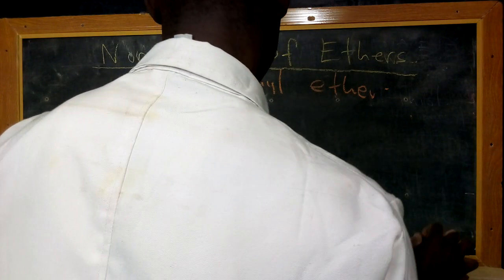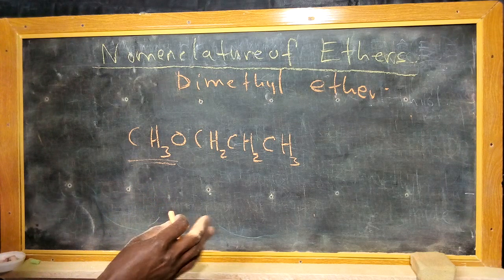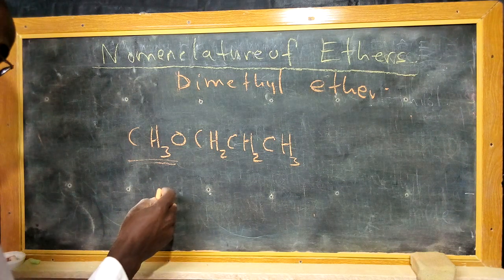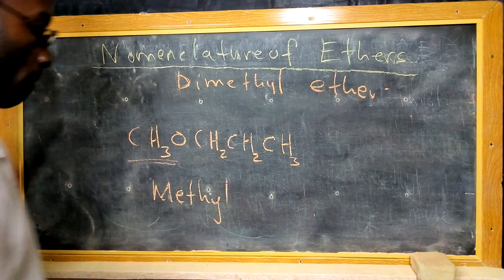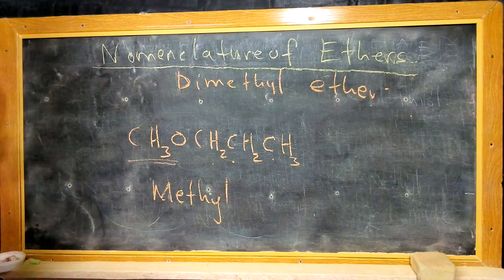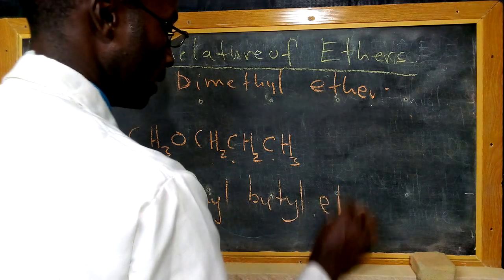I hope this is visible from there. So we shall have methyl, 1, 2, 3 butyl ether.